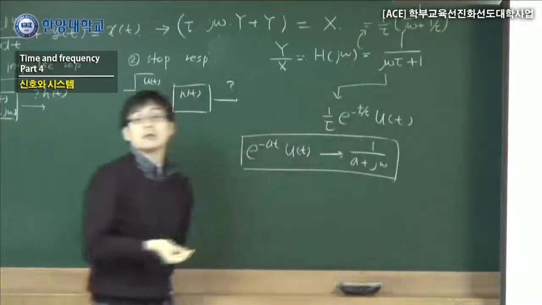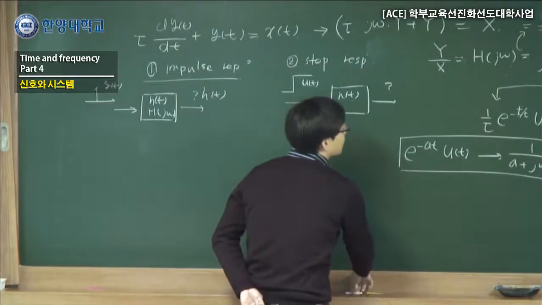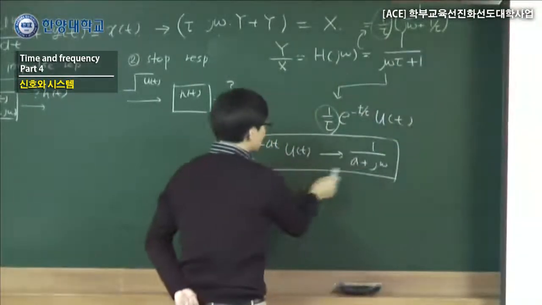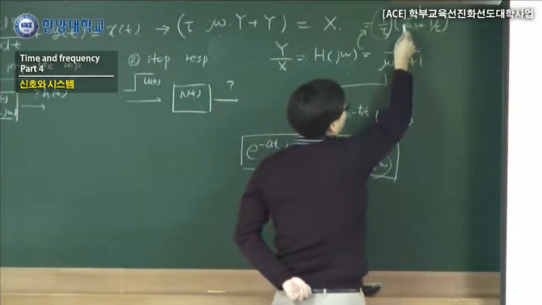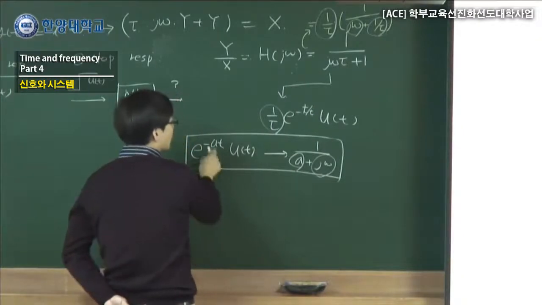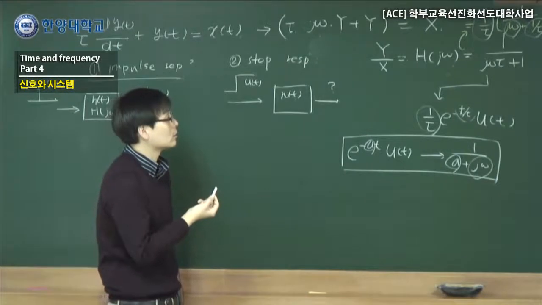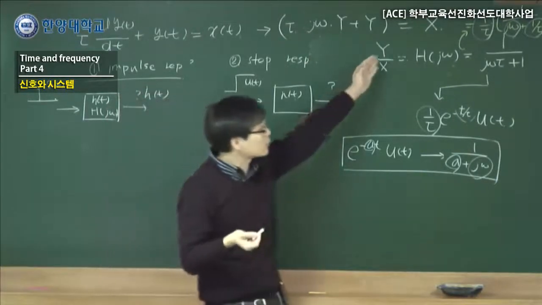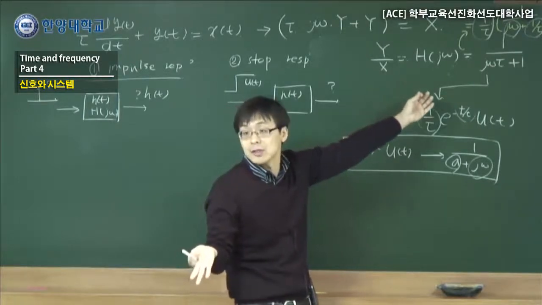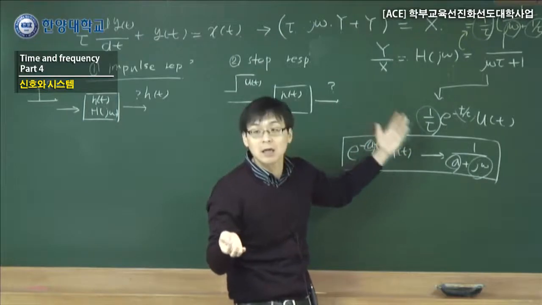You can do that, right? And then if you see the relationship, 1 over tau is a constant over here. j omega is still j omega. a corresponds to 1 divided by tau, which goes to here. That's our response. So this is our system response or impulse response, responding to the impulse with a delta function, in the frequency domain. This is our impulse response in the time domain.